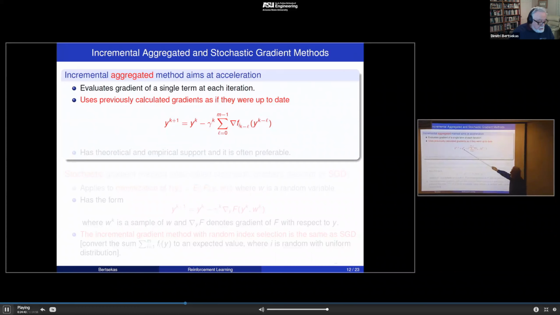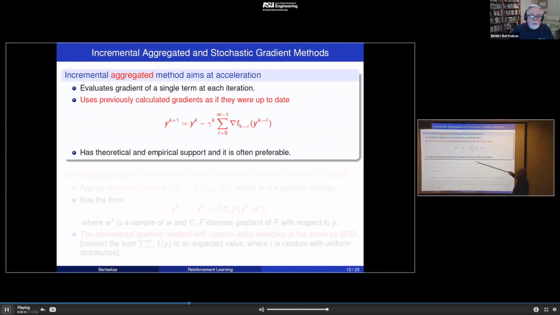Note that at the current iterate, we're using the sum of gradients, but these are gradients at the current point, but also the gradients that you calculated at previous points. And we use those to aggregate them, to average them, to obtain some kind of an approximation of the true gradient. So this involves the current gradient of the component, but also the delayed gradients, the previous ones, and we use them as if they were evaluated at the current point.